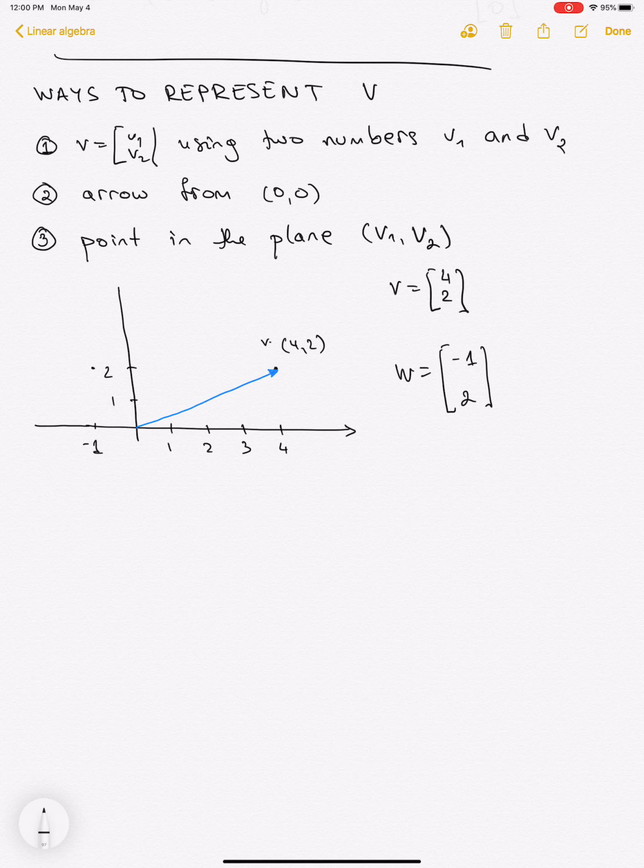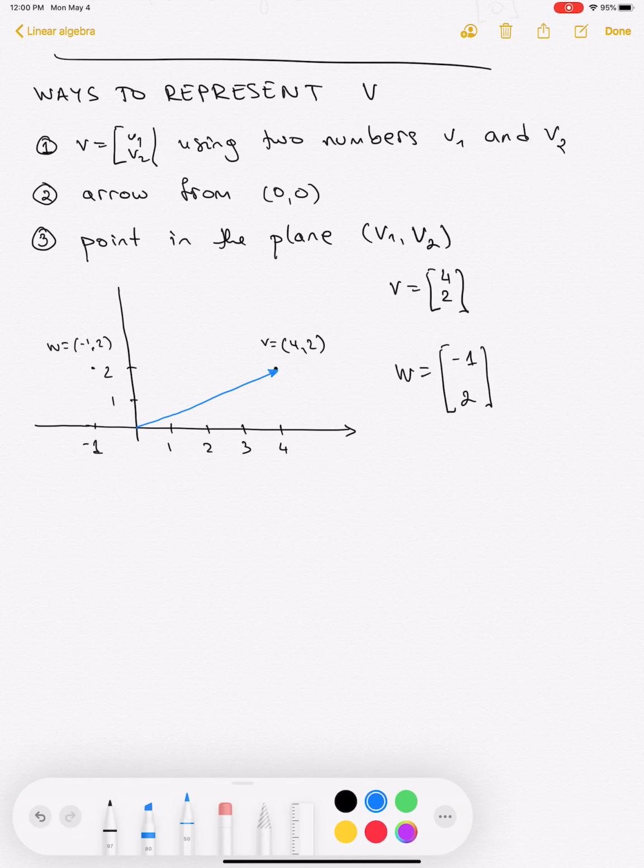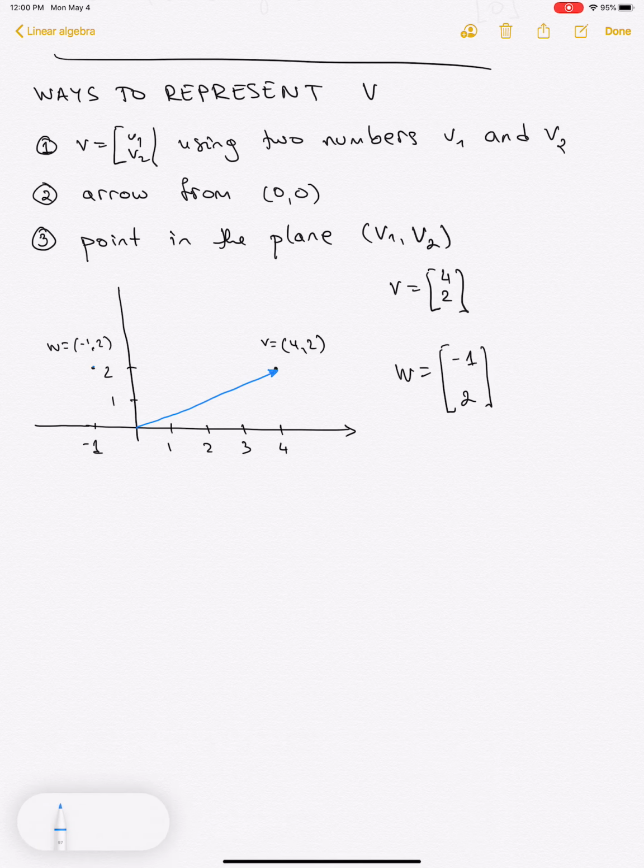So this is v. Then w would correspond to the point -1, 2. And as an arrow, it is right here. So here are two vectors, each an arrow from the origin.